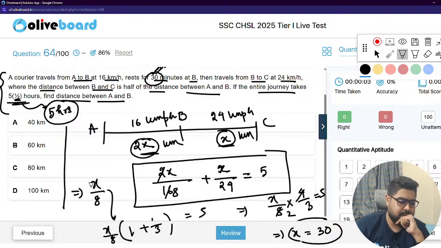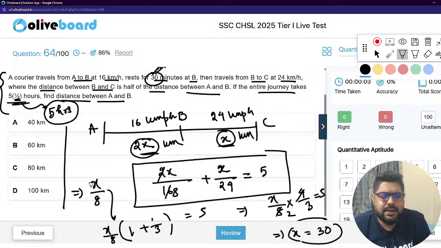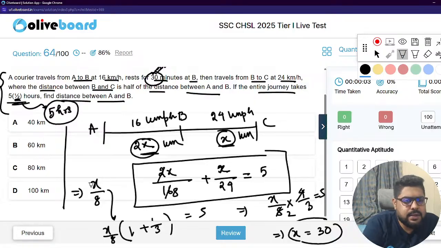Arey, just a second, have I made any mistake? 1 plus 1 by 3, 4 by 3. B to C, the distance between this, if the entire journey took this.